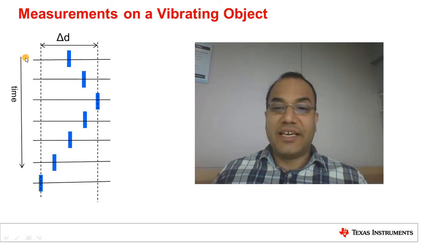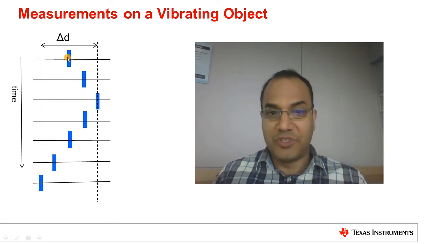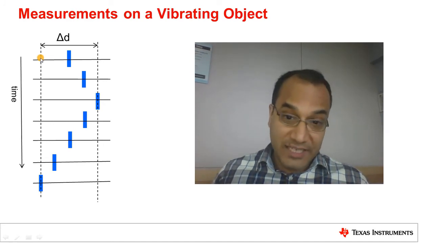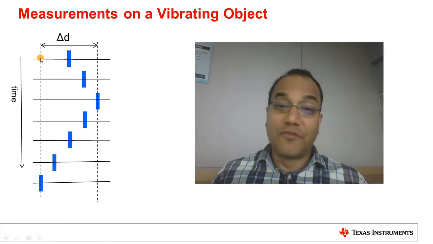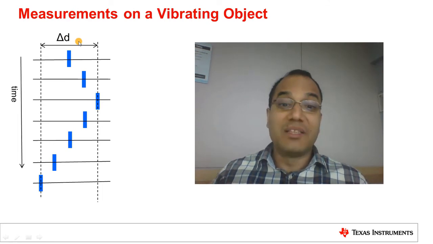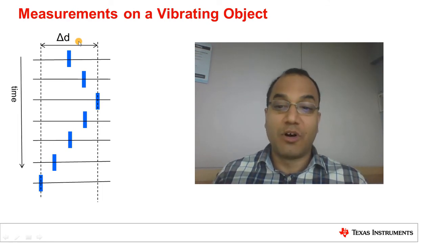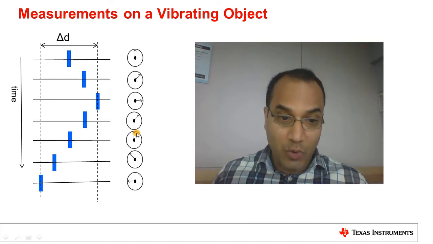Each of these TX chirps would result in a reflected chirp, due to the reflection from this object, and the processed IF signal would result in a peak in the range FFT. Now the frequency of this peak is not going to change much across chirps because delta d is very small, but the phase of the peak is going to respond to the oscillatory movement of the object. And that is what is shown here.